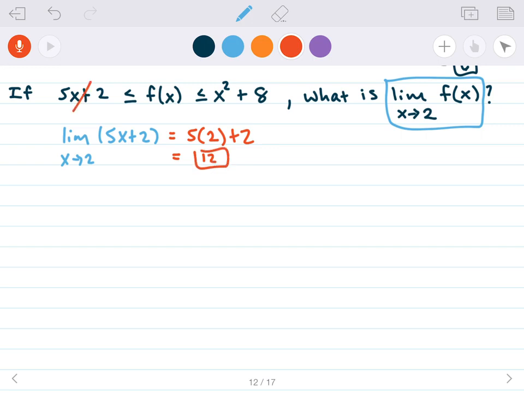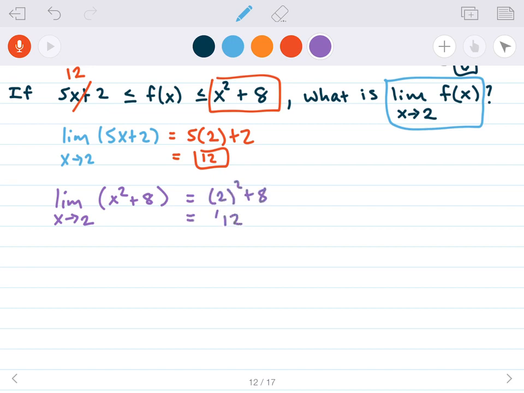So the limit of this is 12 as x goes to 2. And for the limit as x goes to 2 of x squared plus 8, again, this is continuous, so we can just plug in 2 for x and evaluate. We get 2 squared plus 8.